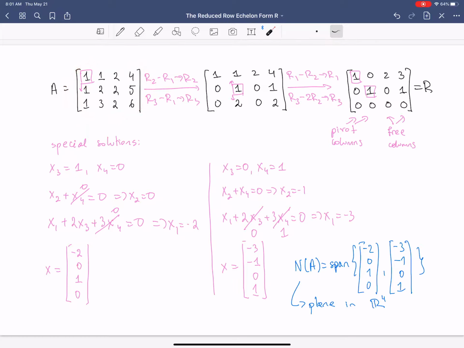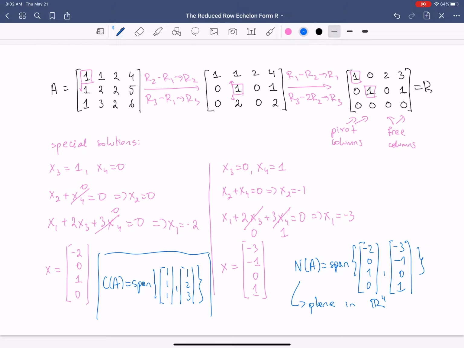The interesting thing is that if the column space of R is described by 2 columns, which are linearly independent, and they're the pivot columns, those corresponding columns of A describe the column space of A. So just a reminder, I'll write it over here. The column space of A is the span of the pivot columns, which in our case are (1, 1, 1) and (1, 2, 3).